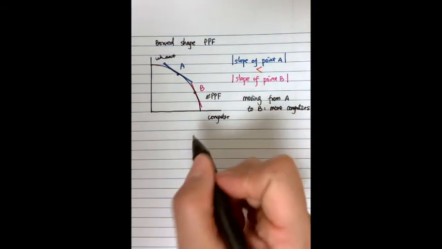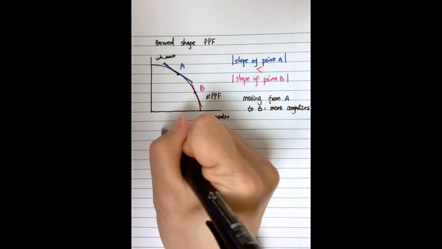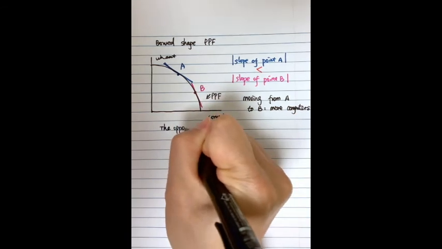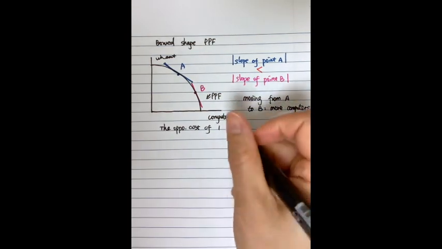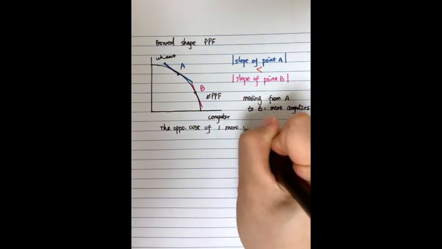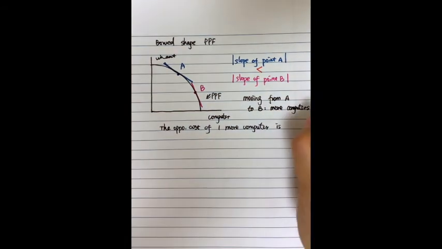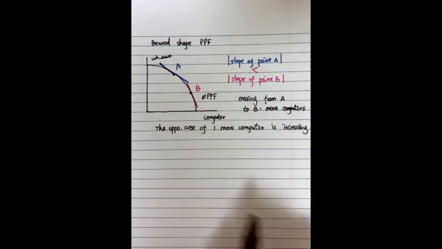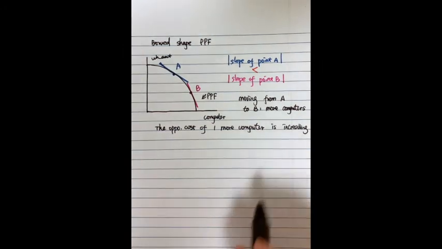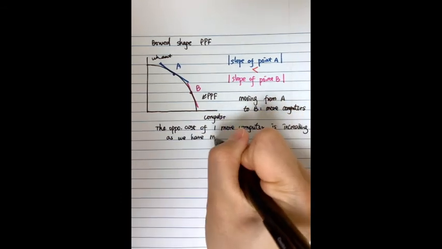It means the opportunity cost of one more computer, or an extra computer, is increasing as we have more computers.